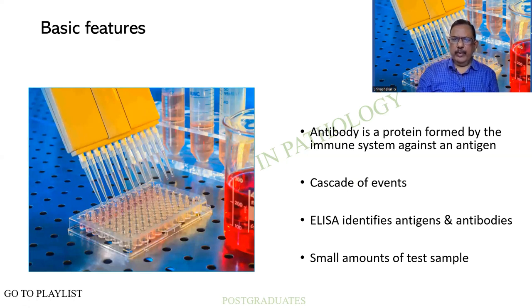The antibody is a protein that is formed by the immune system against an antigen. That was the definition I had given you earlier. This will lead to a cascade of events. And ELISA is a technique that will be able to identify the antigen or the antibody. And we should notice that only a small amount of sample is required for this.